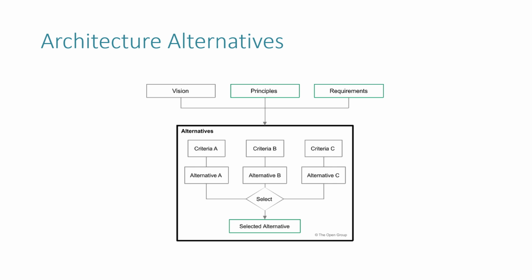We can define alternatives per domain, and then we can merge them for the overall analysis of the alternatives for the whole architecture. So if we have domains, wealth management is one domain, then retail is one domain, and then credit card is one domain.